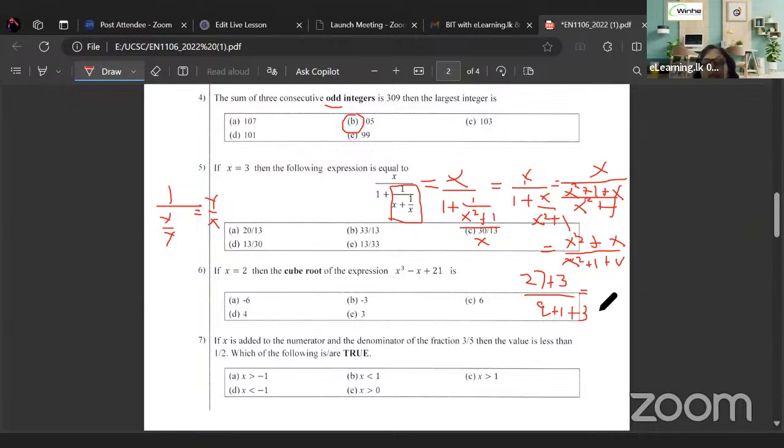The denominator will become 13. Right? Denominator is 13. Numerator is 30.